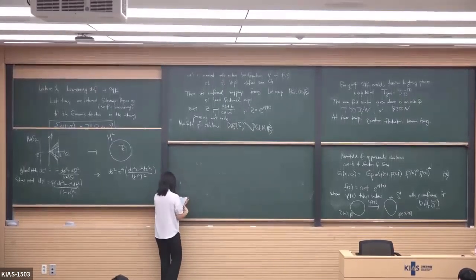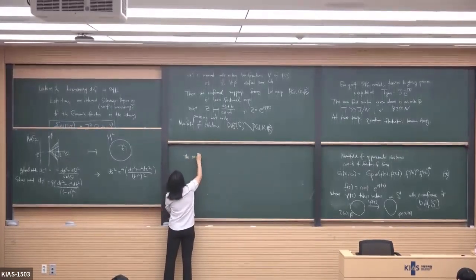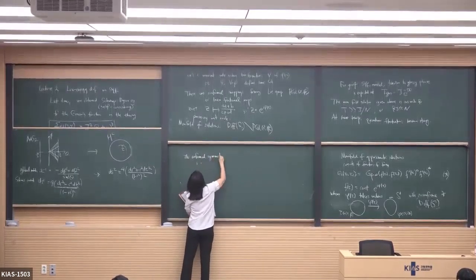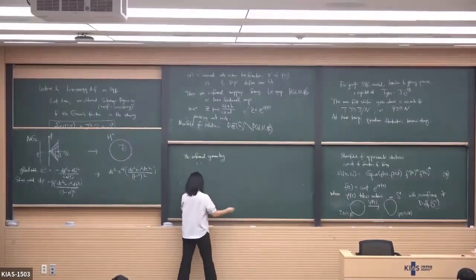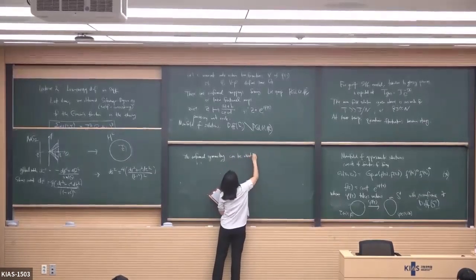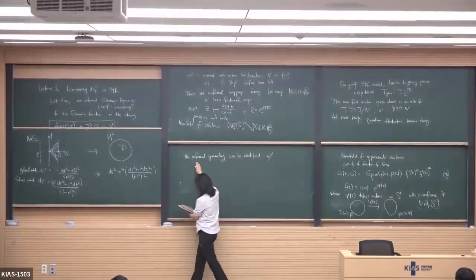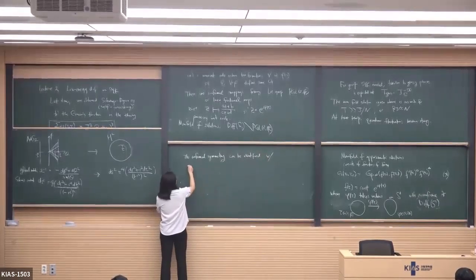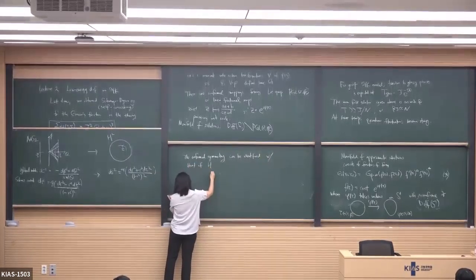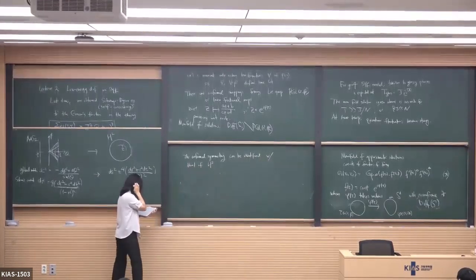Okay, so the conformal symmetry can be identified with that of the two-dimensional hyperbolic disk, H2.